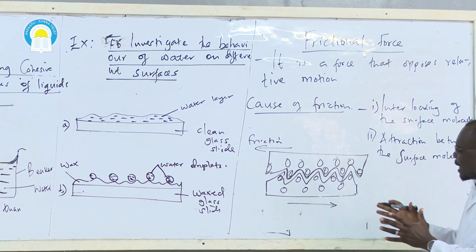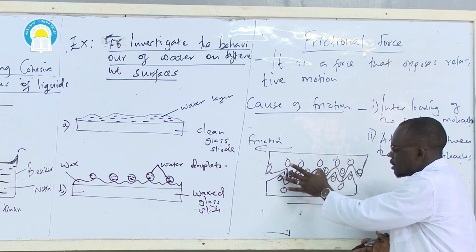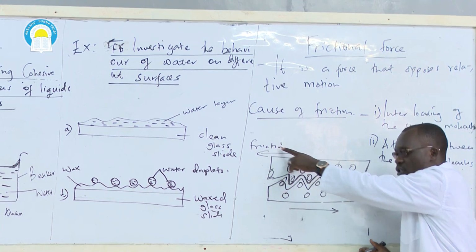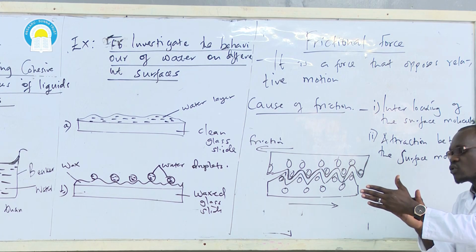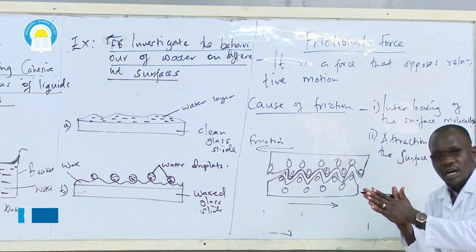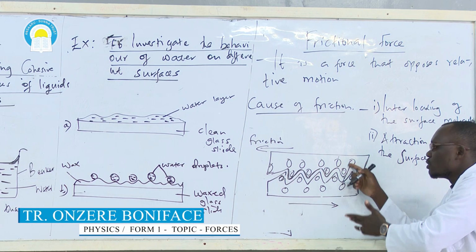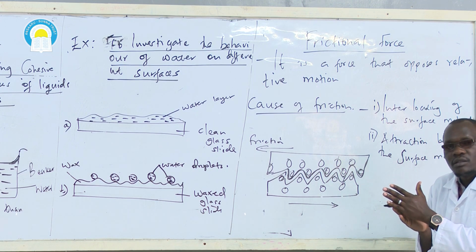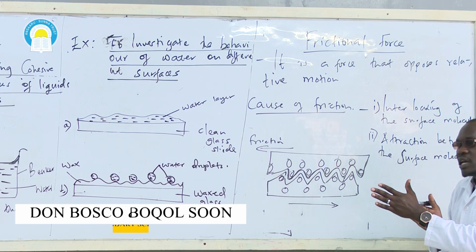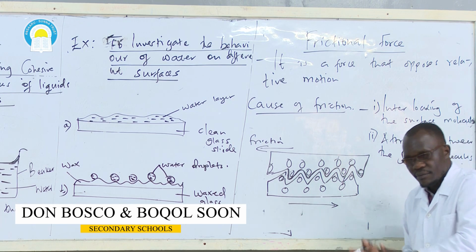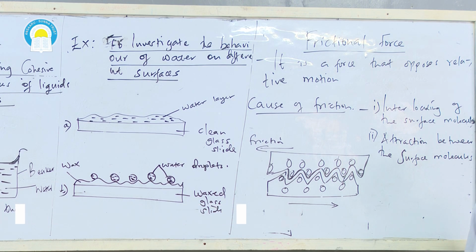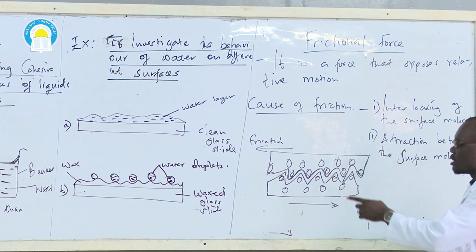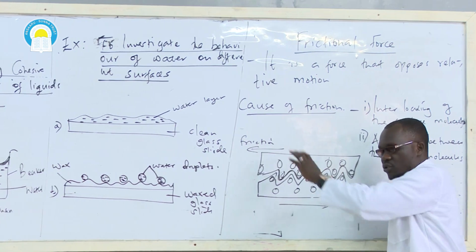Now, these forces attracting molecules to each other, they will cause friction. Why? Because now, if I'm trying to move my hand past each other, and the surface molecules are being attracted to each other, then I have to do some work to make sure the hand moves past each other. So whenever work has to be done to make sure the hand is moving against each other, it results into what we are calling friction force.